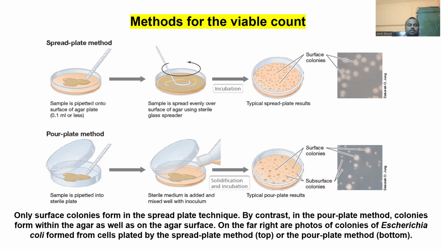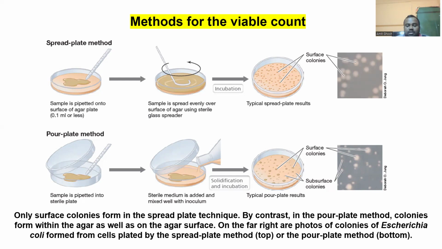The pour plate method is very simple. A sample is pipetted onto a sterile plate. Then sterile media is added and mixed well with the inoculum. You need to allow it to solidify and incubate, and you will get typical colonies. Only surface colonies form in the spread plate technique.